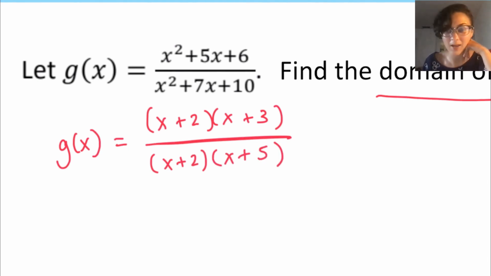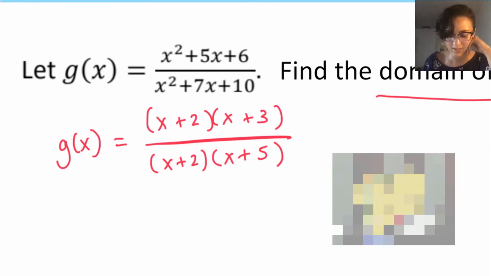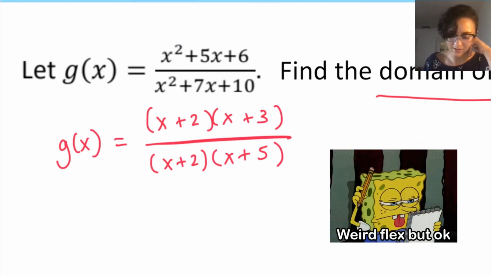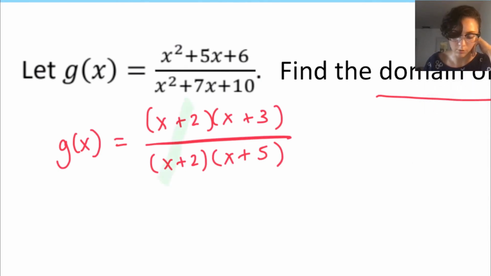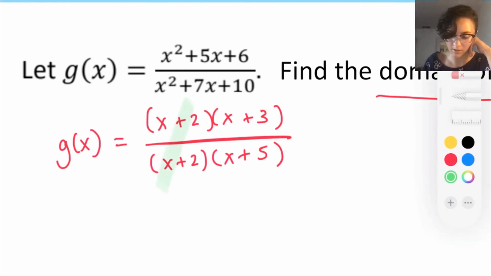Okay. Though I know I am lightning fast, because I've had lots of factoring practice. So once you factor, I see that there is a term we can cancel out or remove. We can remove that term, and then we're left with the other values.